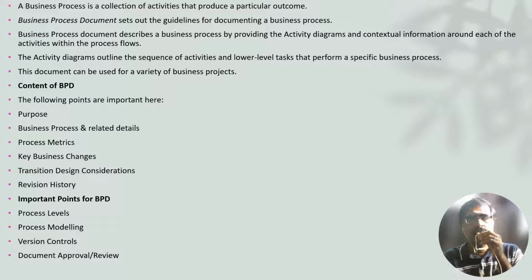It's a PP module, so integration between PP and WM. Each module will have a separate sequence of activities that a business user has to do in real time, and which is mapped to SAP as an outcome to track and trace the activities, right? That is why we are using SAP as an ERP tool. So it's a collection of activities that produce a particular outcome.